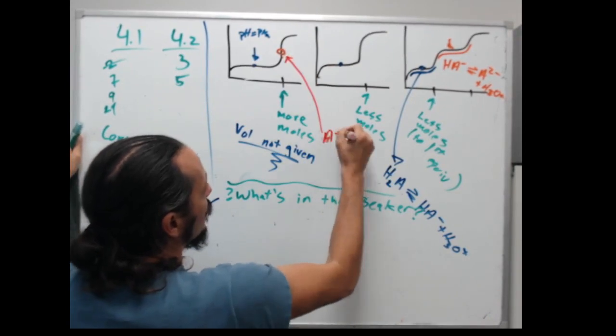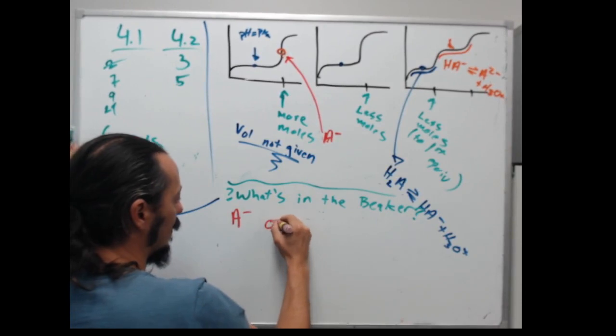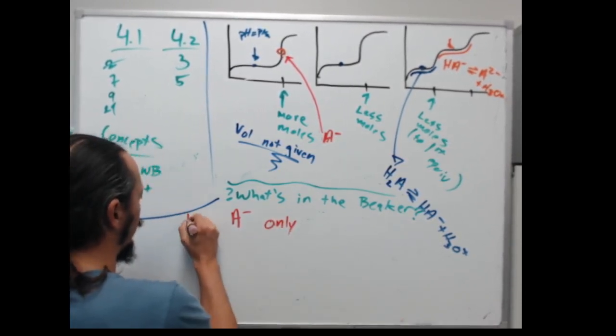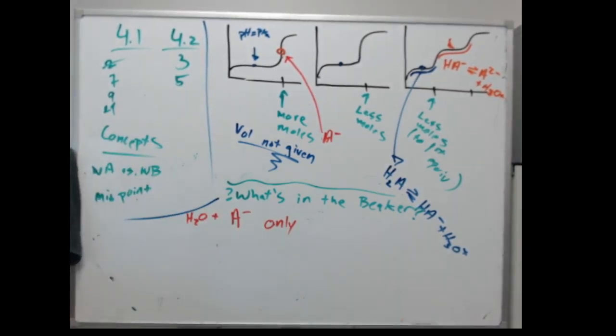If we're at this red spot where we've got A minus in solution, that's the only thing I have in solution. Only A minus, and water. All of these always have water around as well. There's only one equilibrium I can consider.